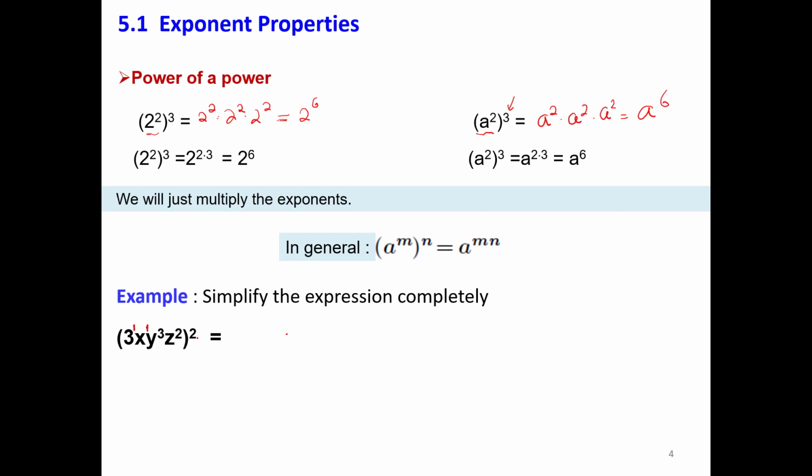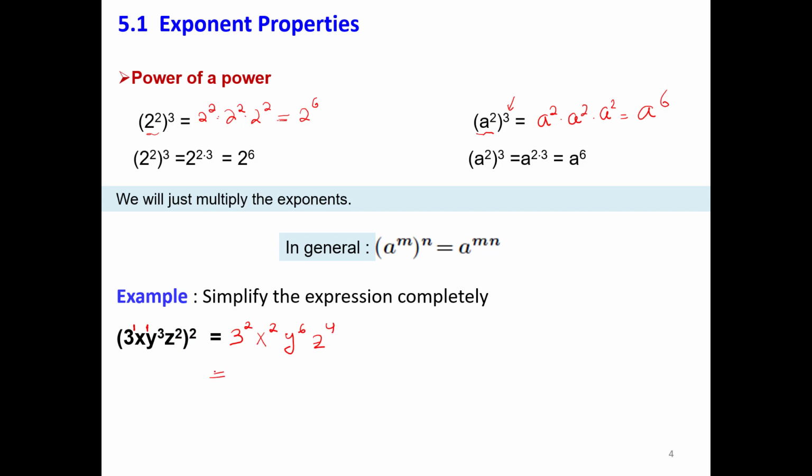And let's try to solve this problem. Let's apply power of a power. Then 3, 1 times 2 is 2. X, 1 times 2 is 2. Y, 3 times 2 is 6. Z, 2 times 2 is 4.